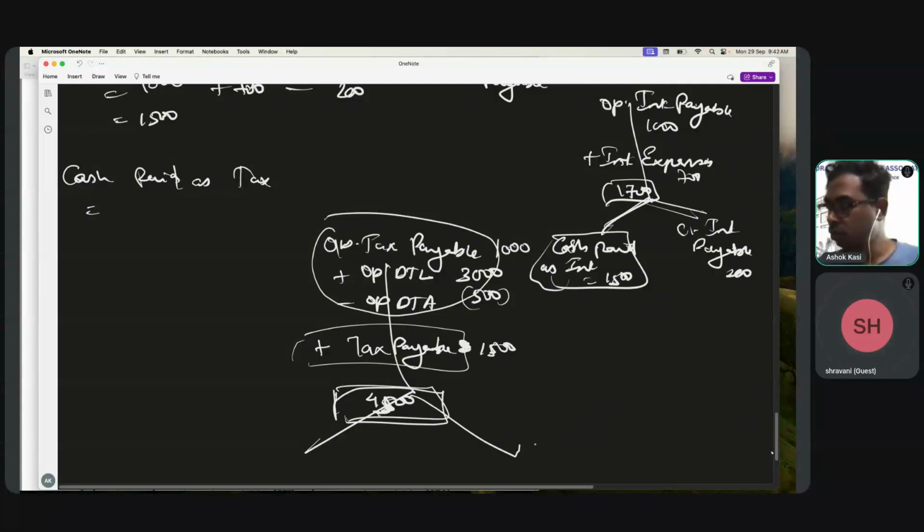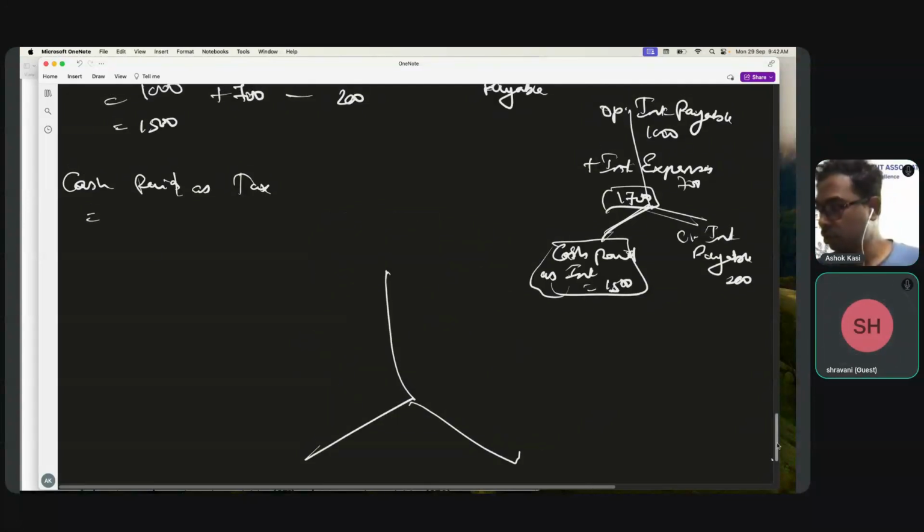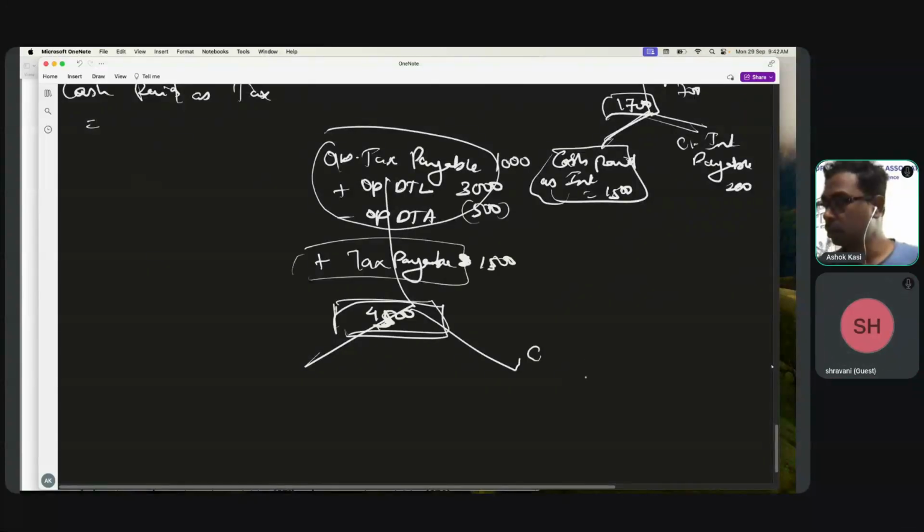Then now closing tax payable is, imagine, 800. Then plus closing deferred tax liability is 3100.